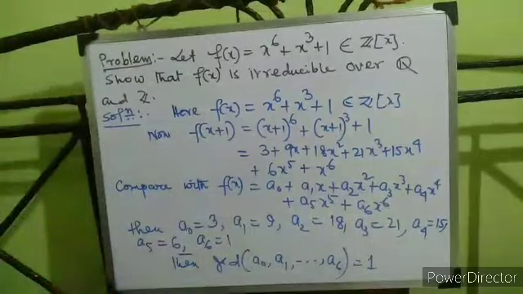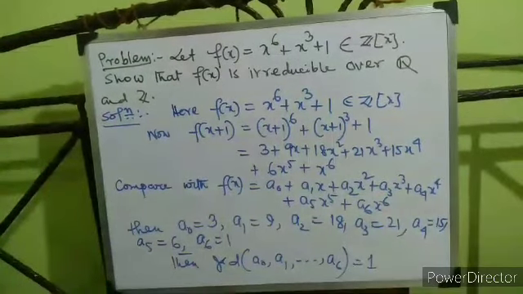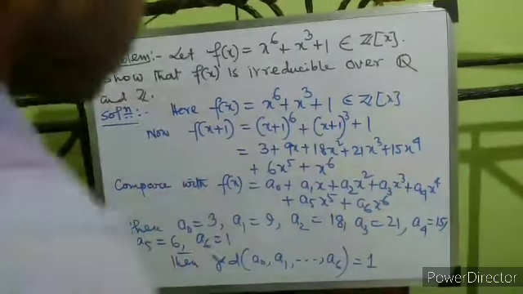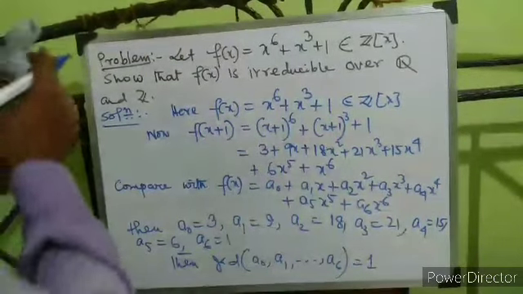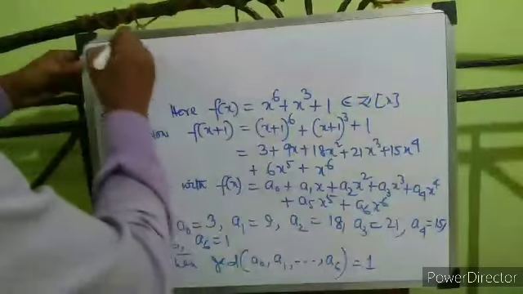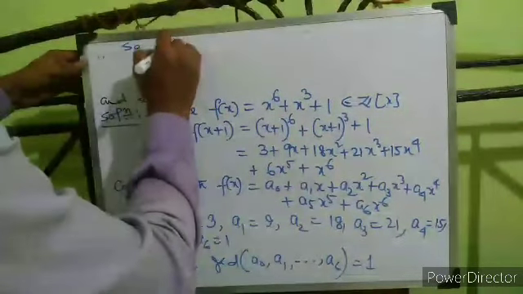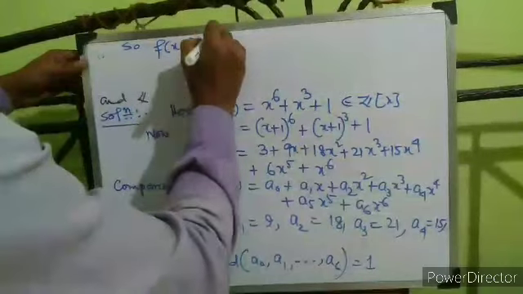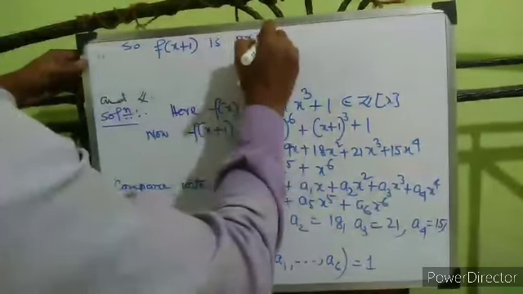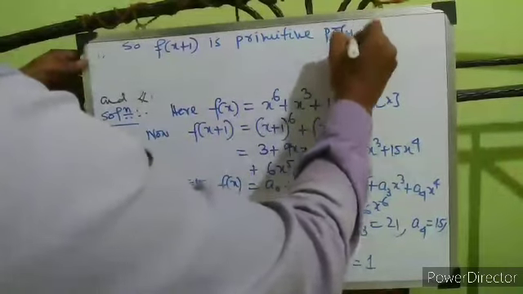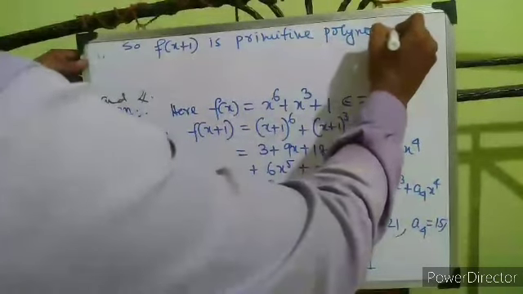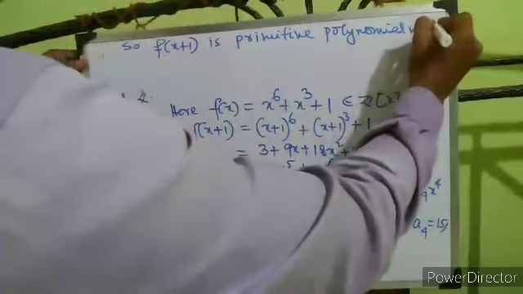So f of x plus 1 is primitive, as well as f(x) is also primitive polynomial in Z[x].